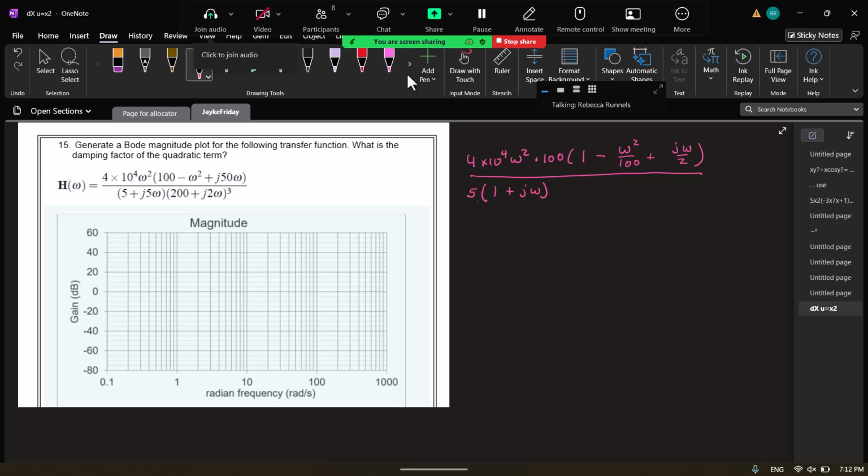And then from this second term, I'll factor out a 200 cubed.